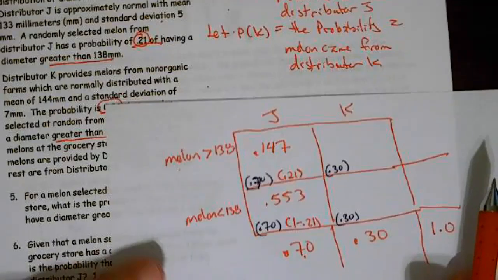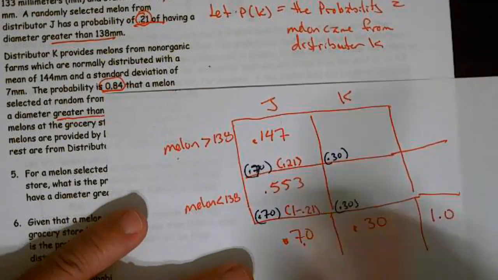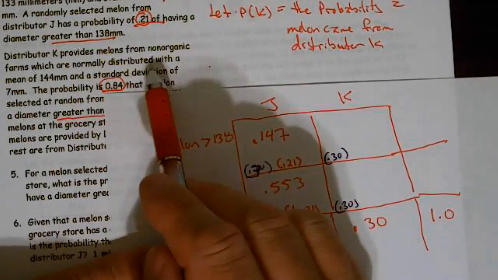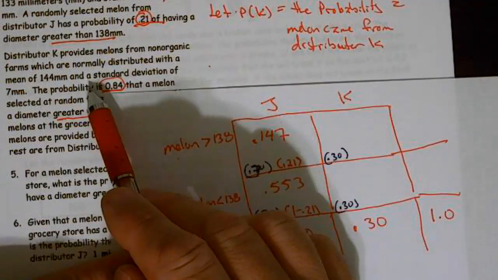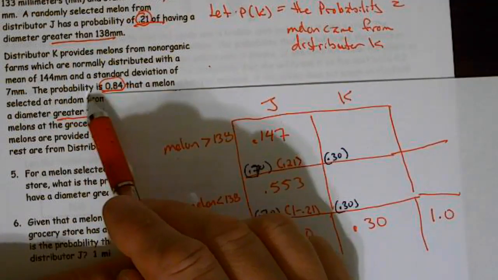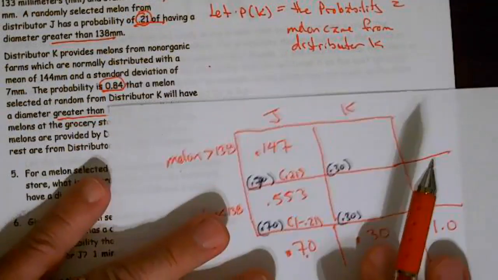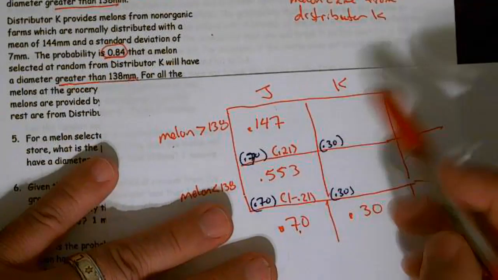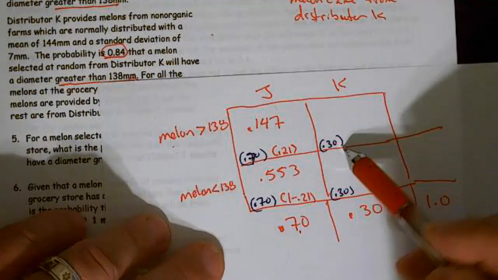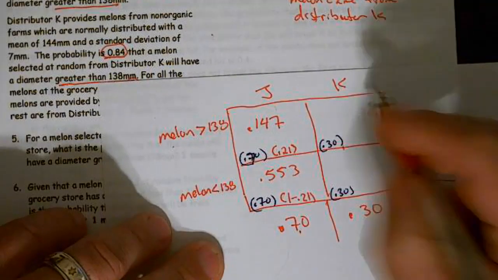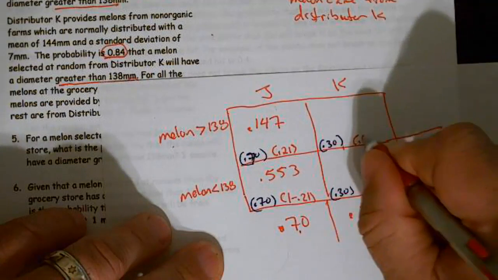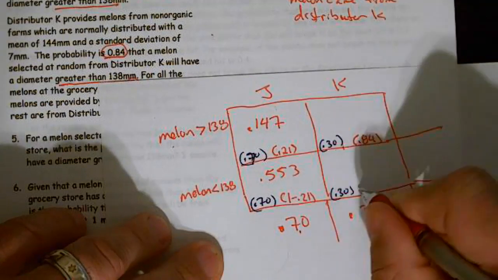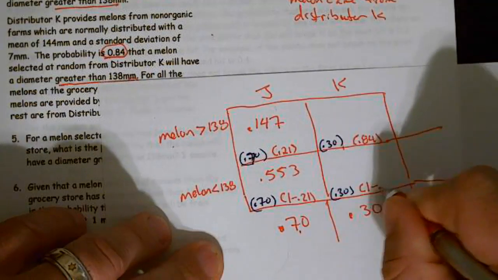When I go to the next one, which is normally distributed with a mean of 144, the probability 0.84 that a melon selected at random from distributor K will have a diameter greater. So once again, distributor K and greater, so this is 0.84, and this is 1 minus 0.84.